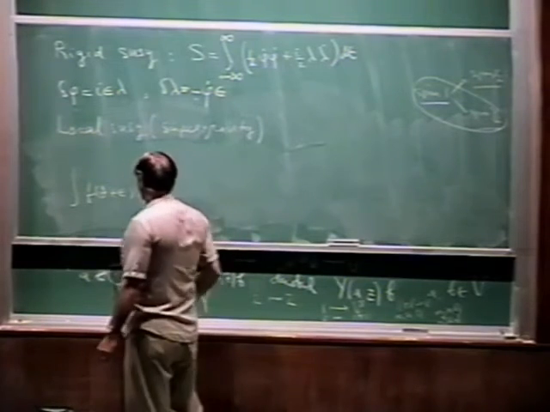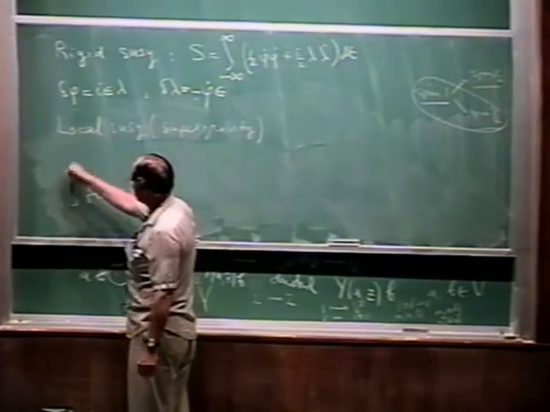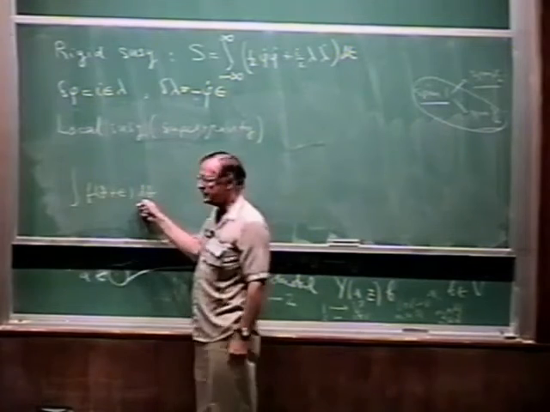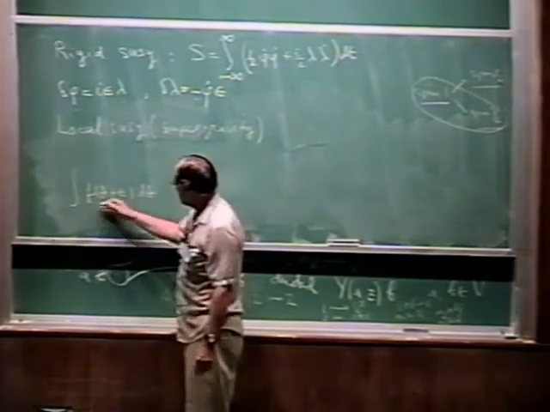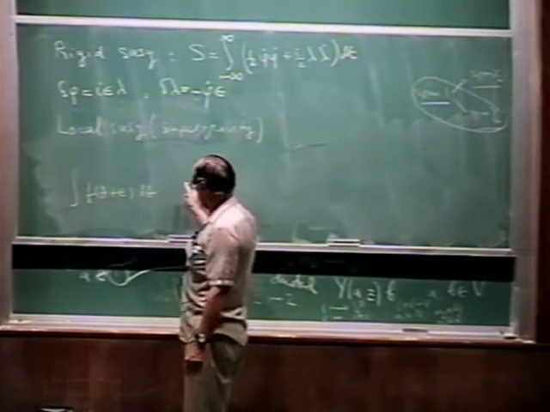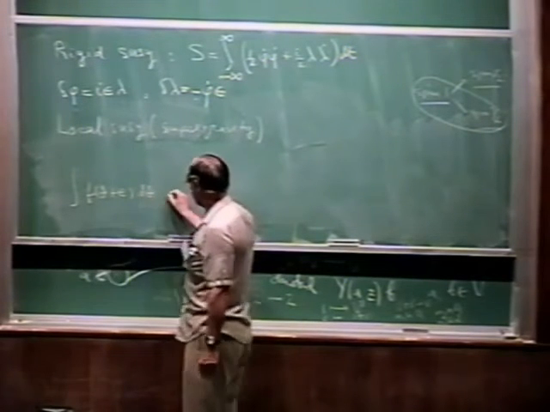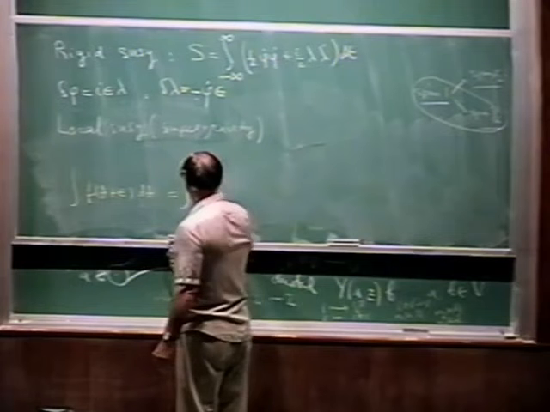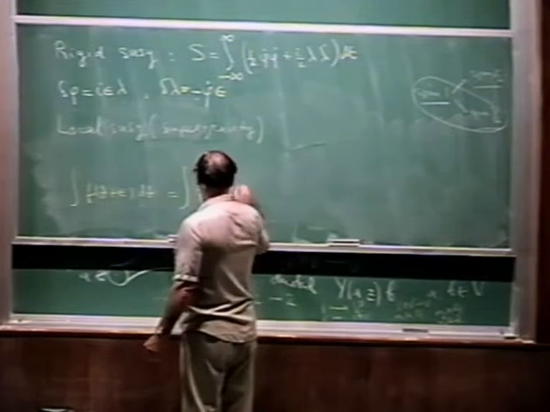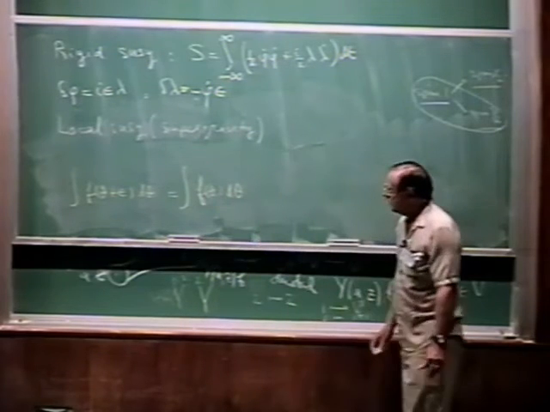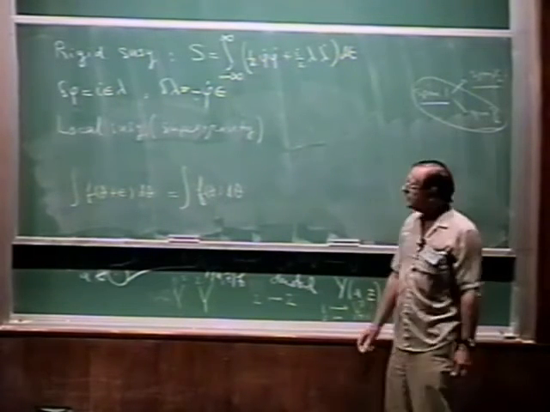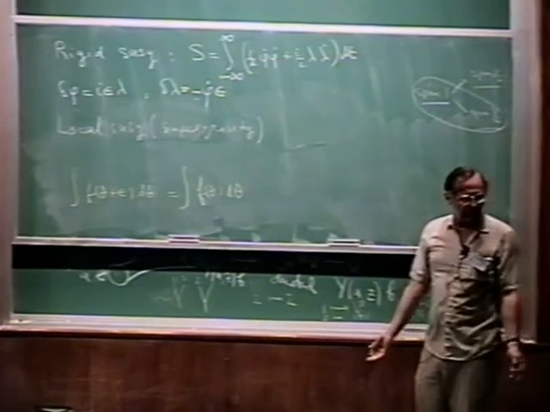There's no boundaries like minus infinity, plus infinity for theta. It's just a symbol integral. But I want that this symbol associates to this expression a number. And moreover, I want that this integral is the same as this integral for any epsilon. Now, this is what we call translational invariance of the integral.